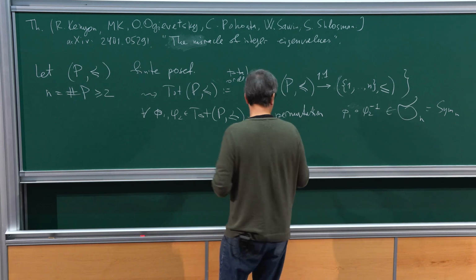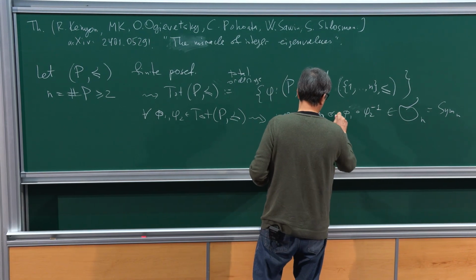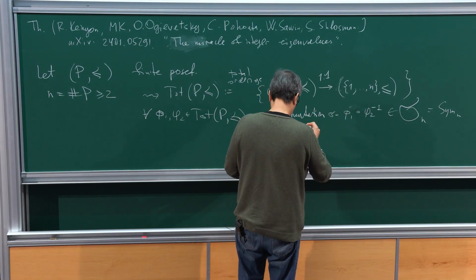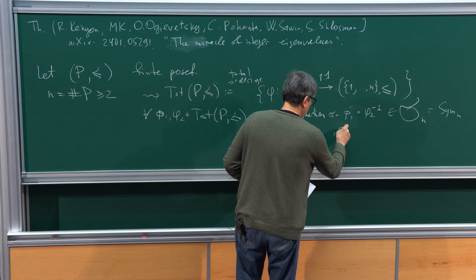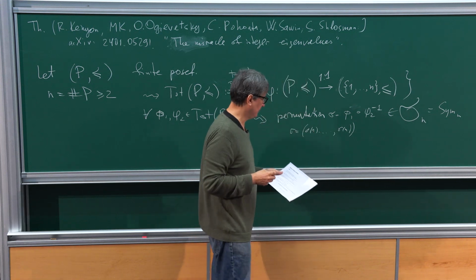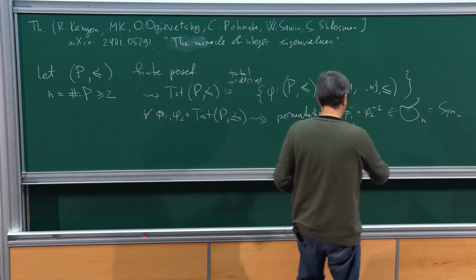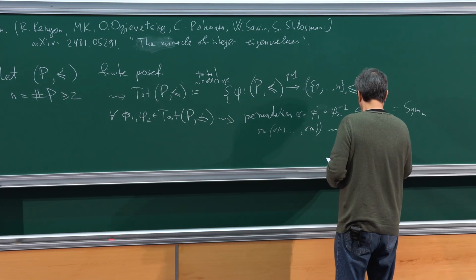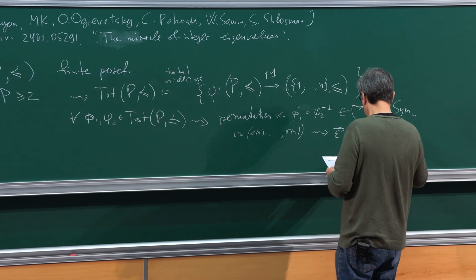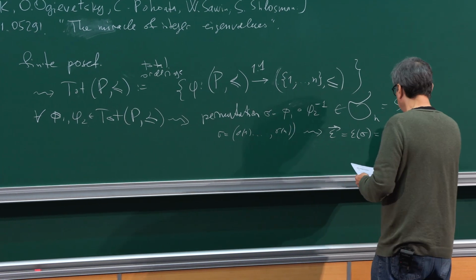A permutation is a sequence of numbers from 1 to n. For this permutation, we associate a vector of plus or minus 1s, a sequence of signs.